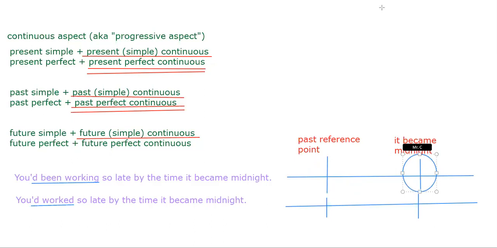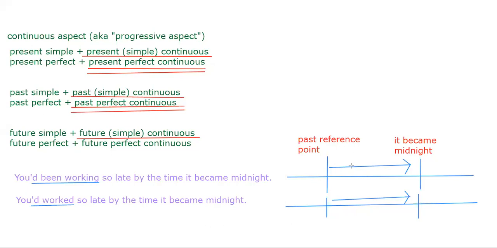So remember, the past perfect has one action that leads up to another. So here, this leads up to that. Again, the first timeline represents the past perfect continuous. The second one represents just the past perfect.